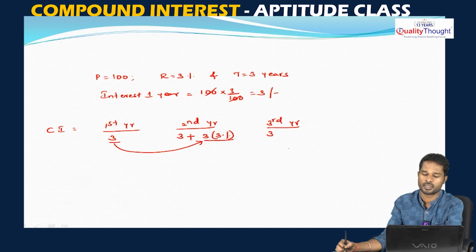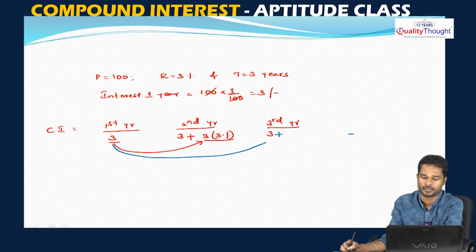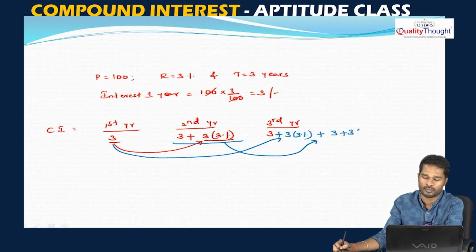Now what happens in the third year? For the third year the 3 rupees will be there as interest, and on the first year's 3 rupees another 3% is calculated, and on the second year's interest again another 3% is calculated, that is 3 plus 3% of 3 plus 3% of 3.